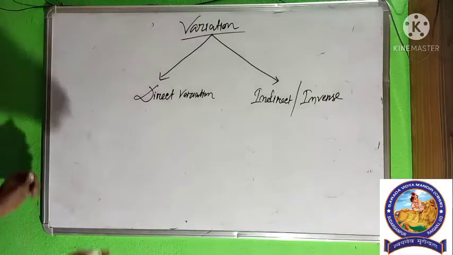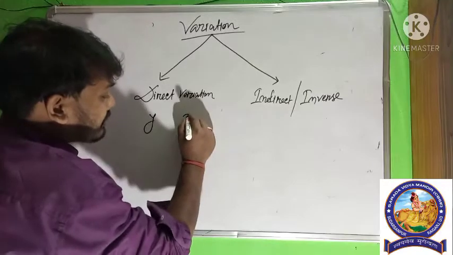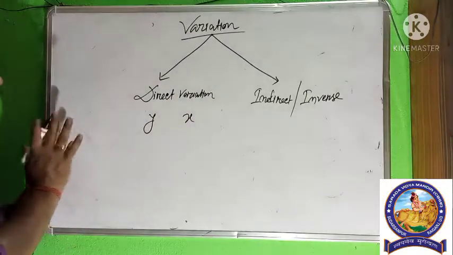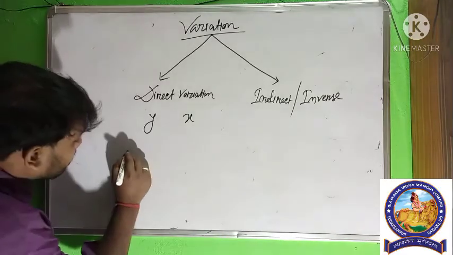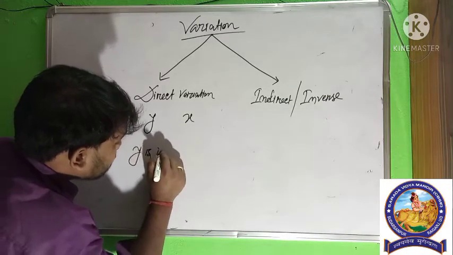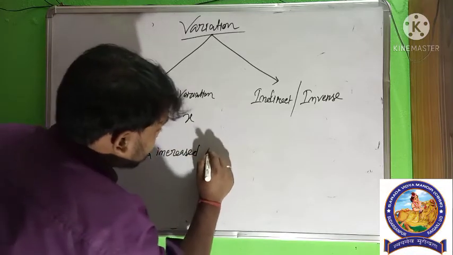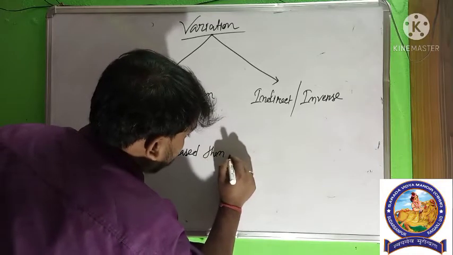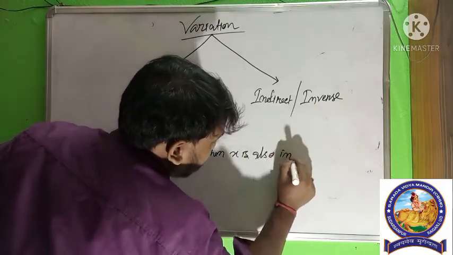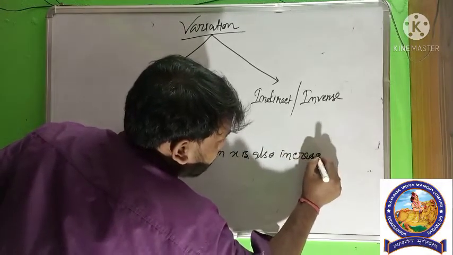Okay, so if y is one quantity and x is another quantity, and they are related in such a way that if y increases, then x is also increased.